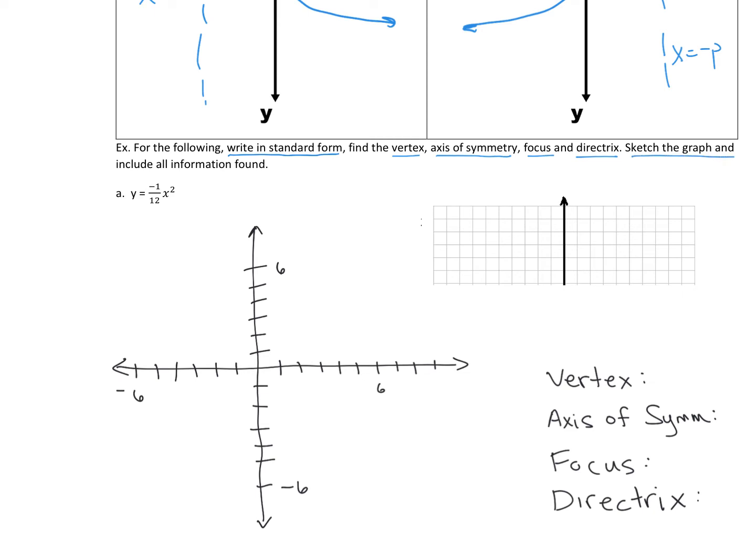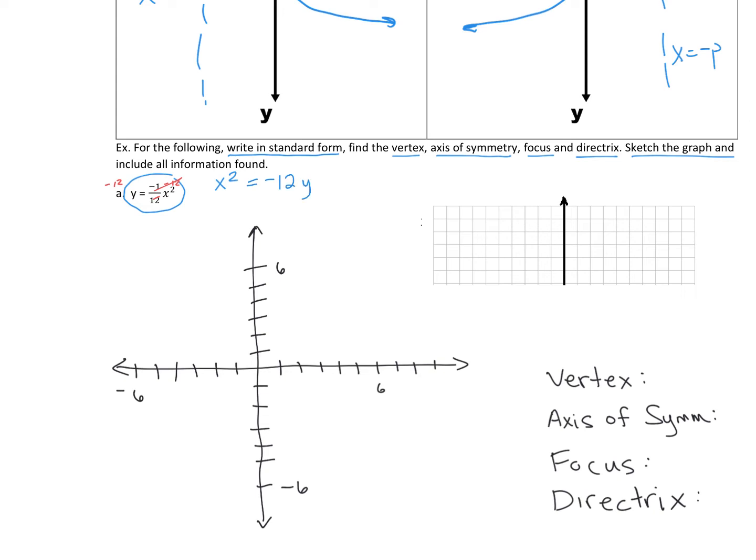So what I like to do is just find my p-value first. I want to put this in the form x squared equals 4py. So if I multiply both sides of this equation by negative 12, I will get x squared equals negative 12y.